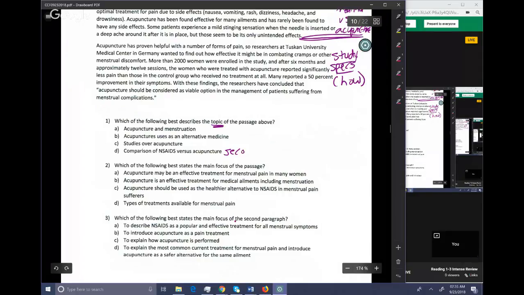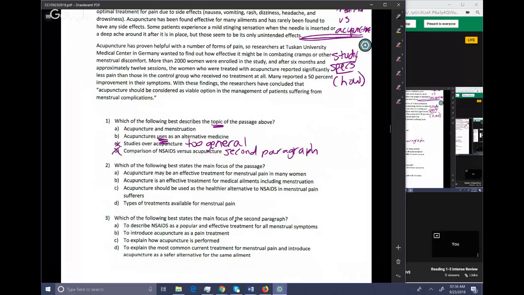If they asked you for the topic of the second paragraph, D would be a great answer. But they asked you for the topic of the passage, so D is just a part of it, and we don't want a part of it. Studies over acupuncture is too general. So yeah, this is about a study over acupuncture, and it happens to reference others, but that's not the same thing. Acupuncture's uses as an alternative medicine, this would say that the whole topic is all the different uses of acupuncture.